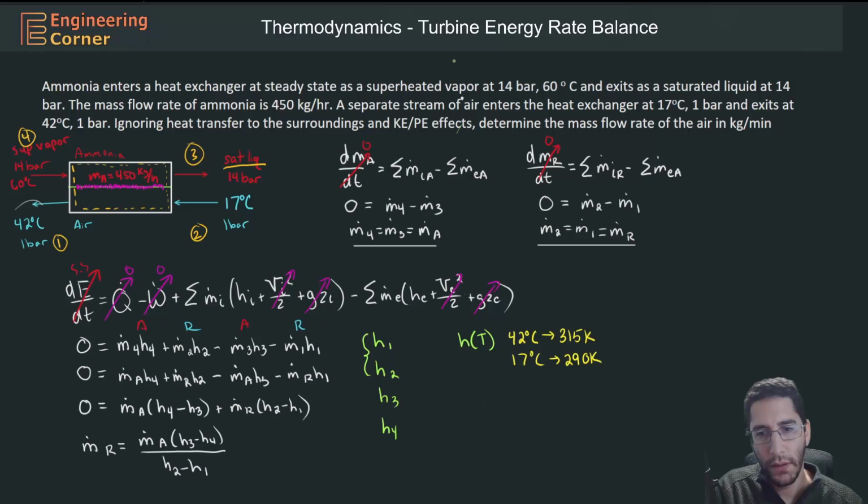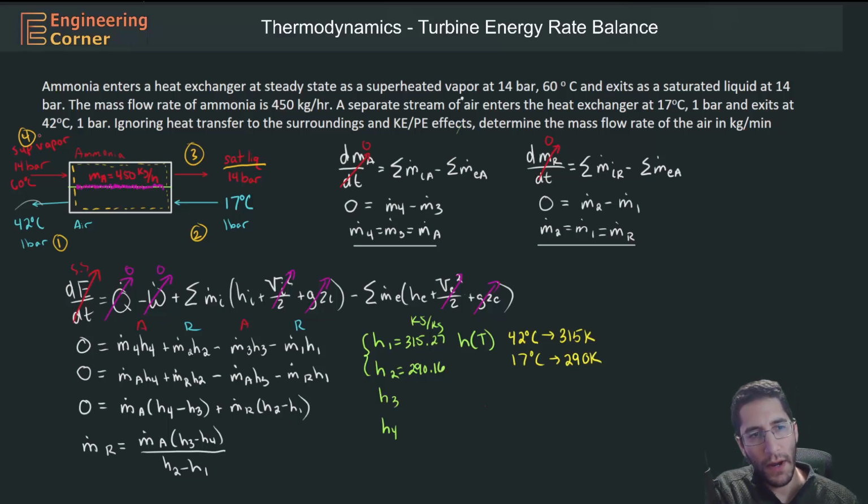So H1 is 315.27 kilojoules per kilogram, and H2 is 290.16.